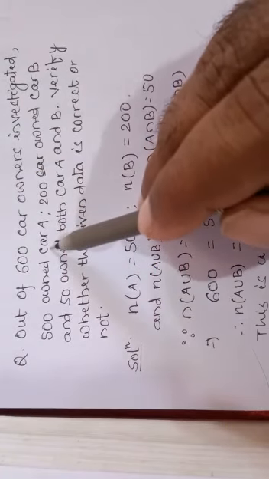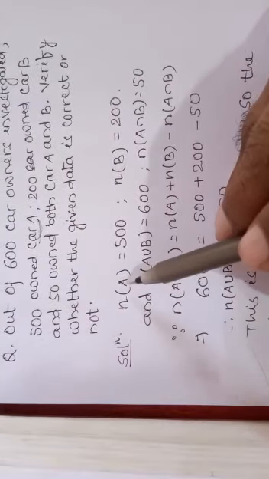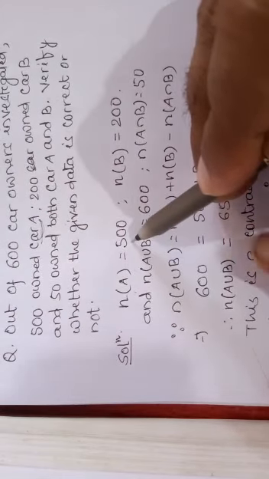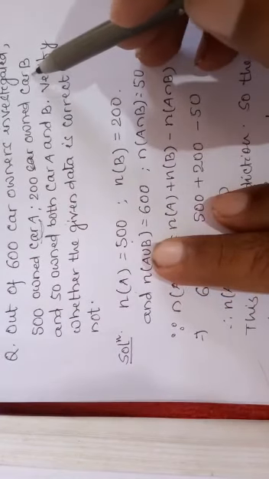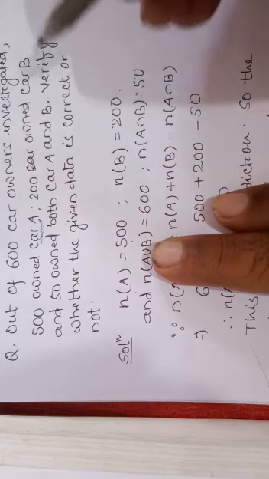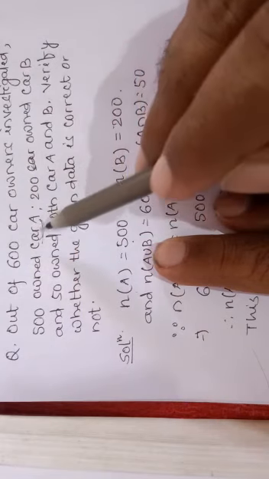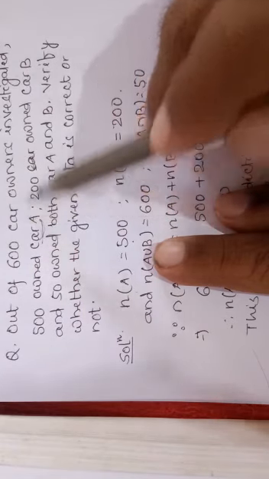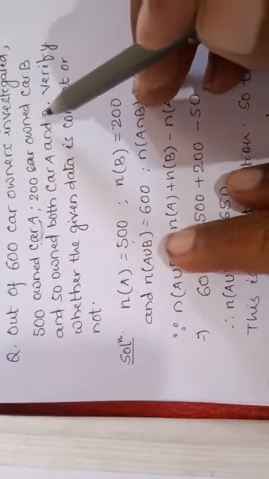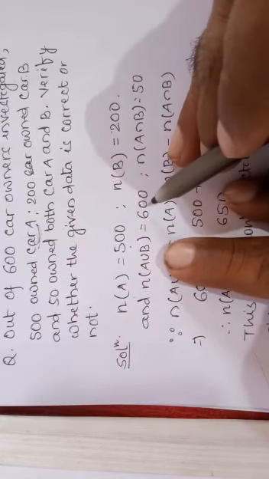Suppose first what is given, car A. So the number of owners of car A is 500, this is given. The number of owners of car B is 200, and the total investigated persons is 600. So for car A and car B total it is 600, means the number of elements of A union B is equal to 600.